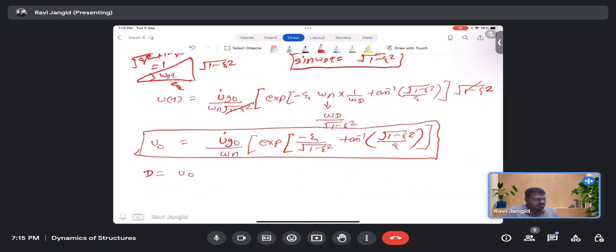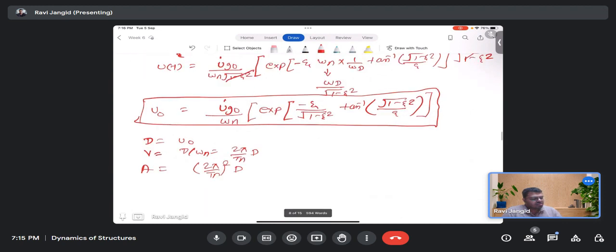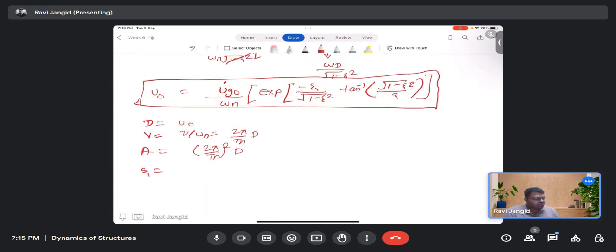So I can calculate the velocity response as d times omega_n, or 2 pi by Tn into d. Acceleration response would be 2 pi by Tn whole square into d. So for damping 0, what is my u naught or d? It is u_g0 dot by omega_n, directly it is this one.